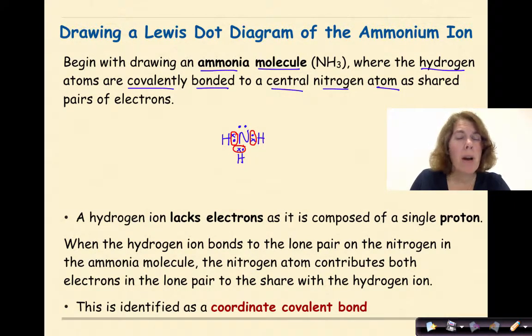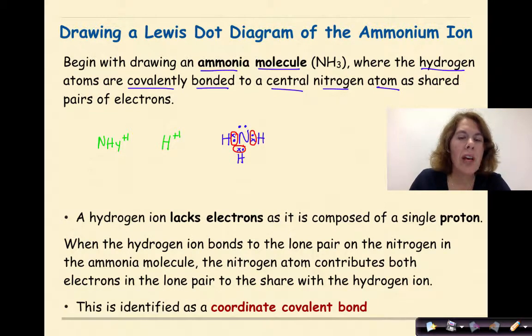But the ammonium ion is NH4 plus 1. So we're missing a hydrogen ion here. We have this hydrogen ion, H plus 1, and that has 1 proton and no electrons. And we know that for hydrogen to be stable, it wants 2 electrons.